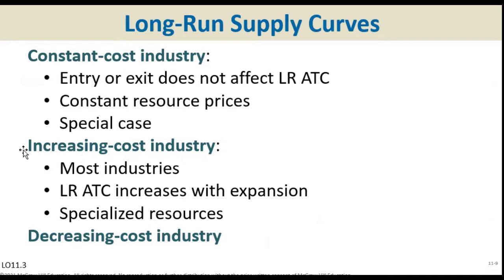The second scenario, which is what you see most often in the economy, is the increasing cost industry. In an increasing cost industry, entry or exit of a firm does affect the resource price, and that affects the cost. Input costs will increase as firms enter the industry because there will be a larger demand for those resources, so the resource price will increase.